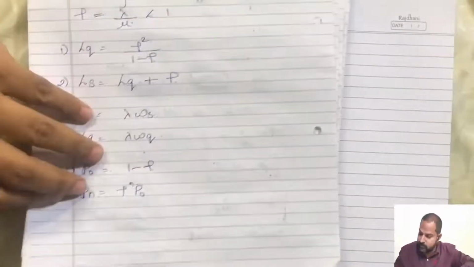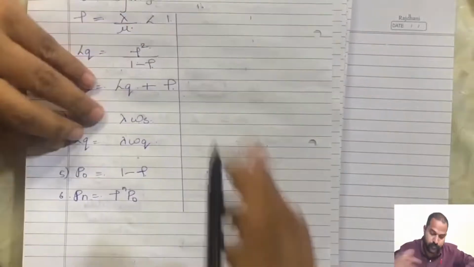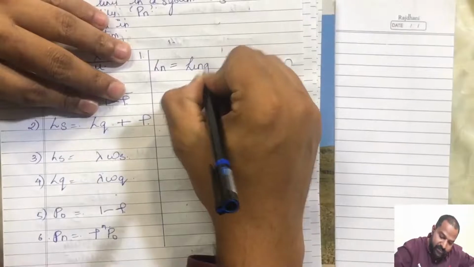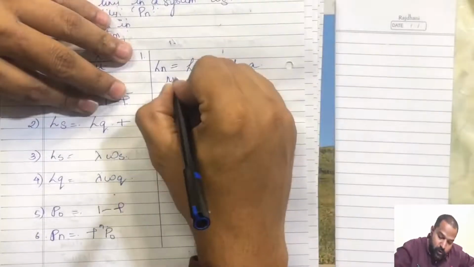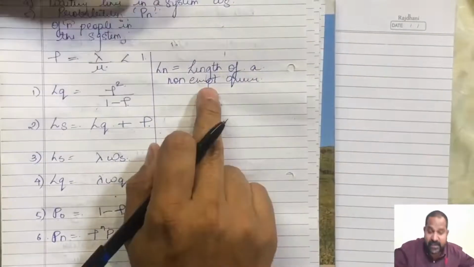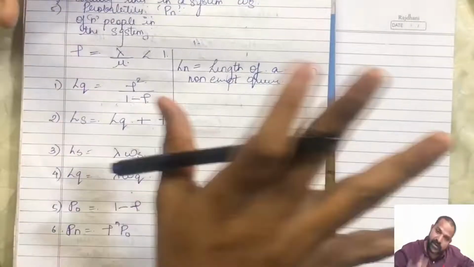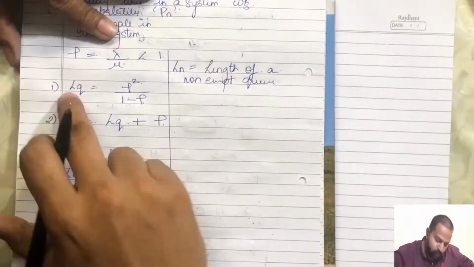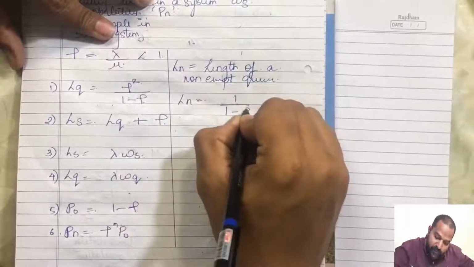And one is Ln, and that is again length, or basically number of people of a non-empty queue. And remember, this length will be greater than your L for a simple reason that your L is considering 0 number of people in the queue also. This is not. So this will be more than this. And Ln is given by 1 upon 1 minus rho.